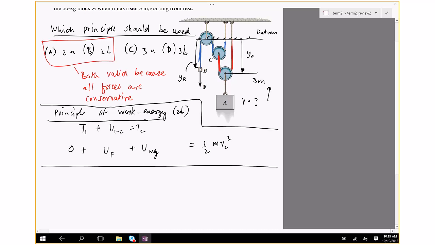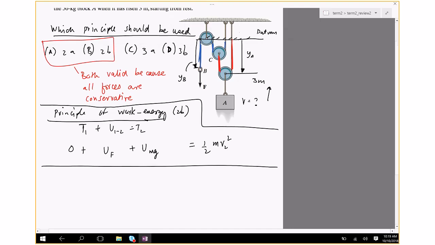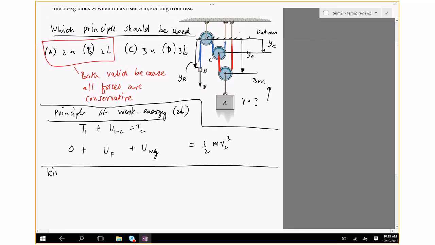I will not be able to establish a relation between YA and YB if I just use those 2 variables. I need an intermediate variable because remember, if there are 2 cables, then you need to define 3 variables. So in this case, I have to define an intermediate length that will be YC. So, kinematics.